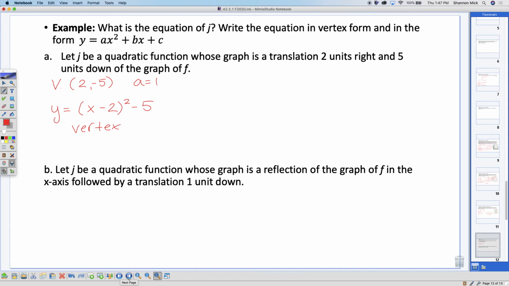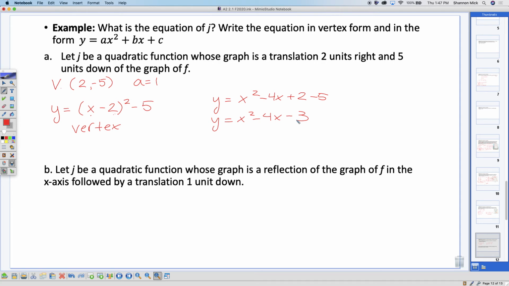Okay, so I'm going to use my rule. Square the first, and this one's y. Square the first, multiply the 2 together, times 2, square the last. Did you get x squared minus 4x minus 3?